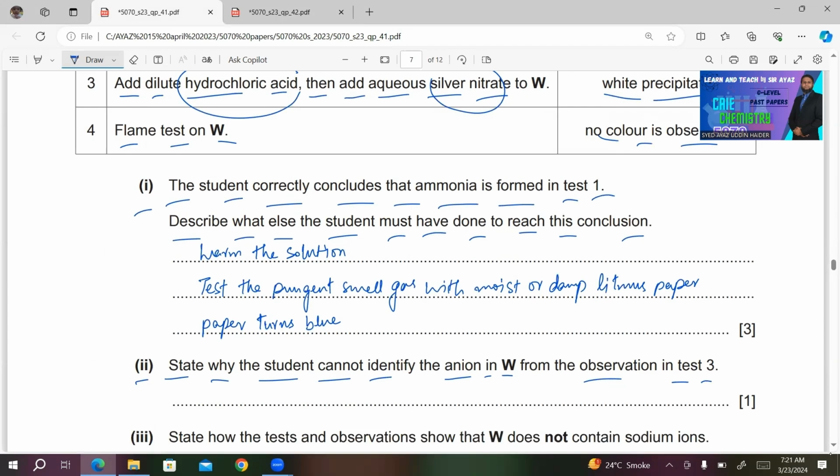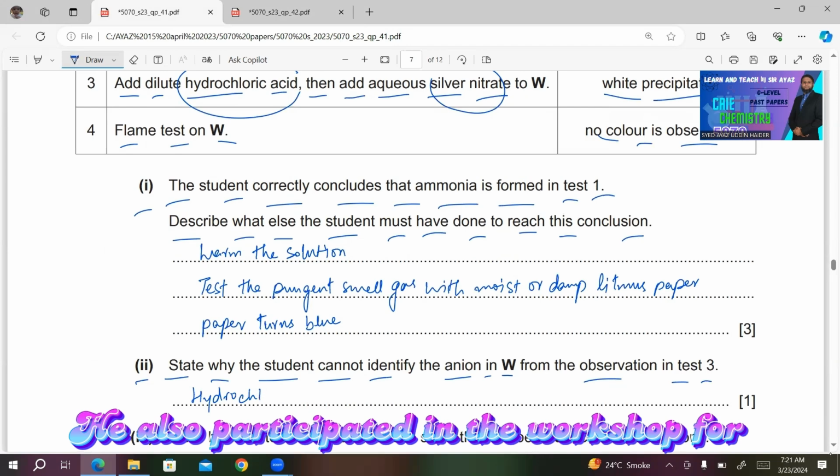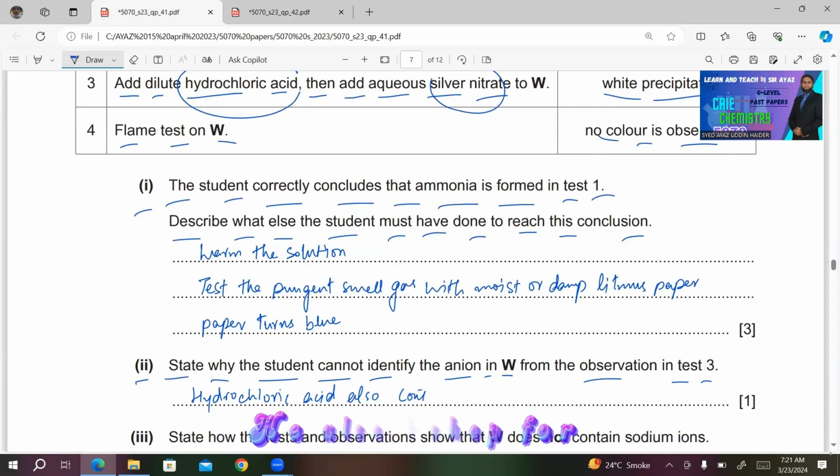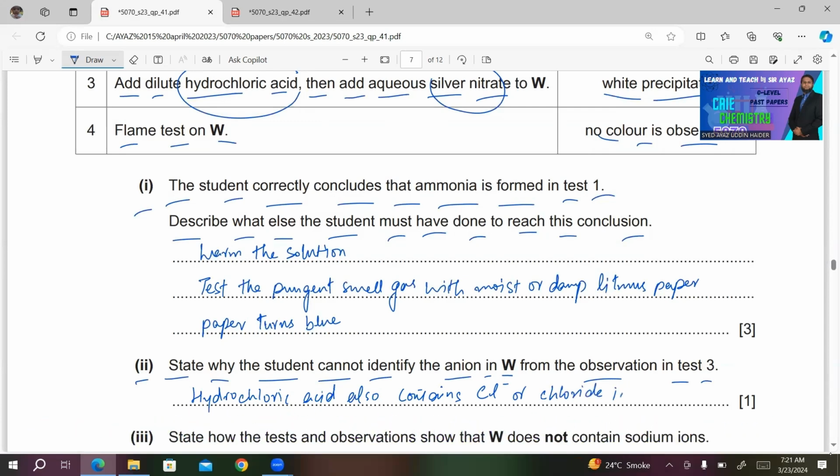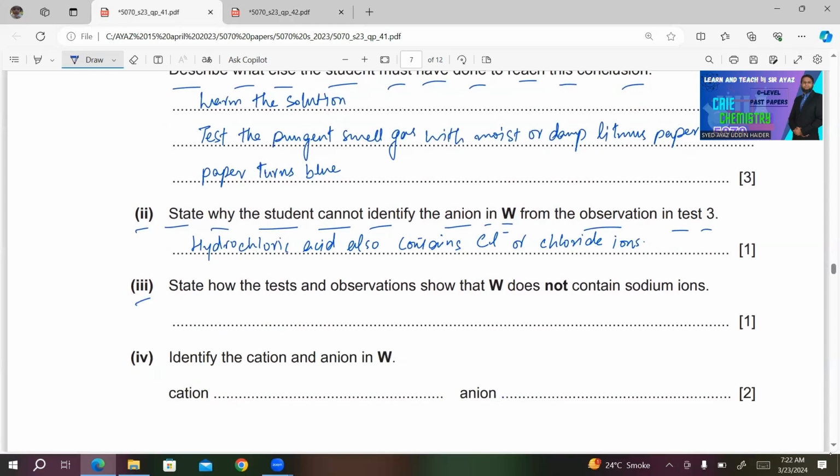So you write: hydrochloric acid also contains chloride ion, Cl negative, or chloride ions.